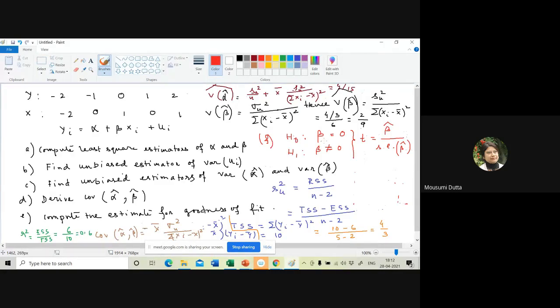Now what is beta hat? 1. And what is standard error of beta hat? Square root of 2 by 9, 1.414 by 3. So this will be the value.